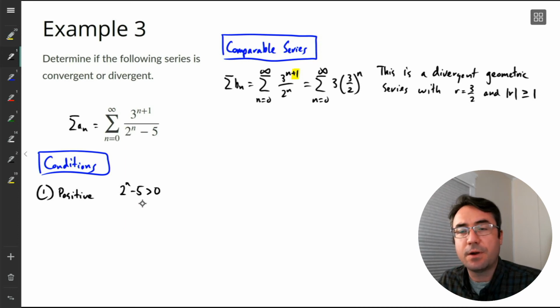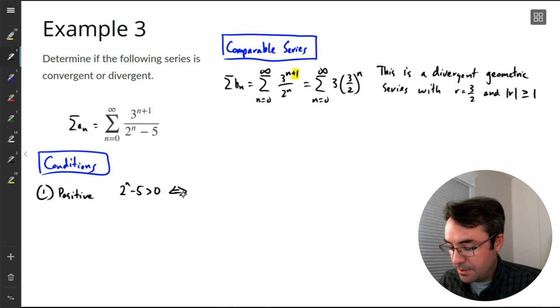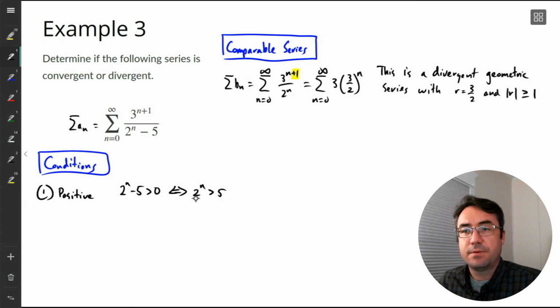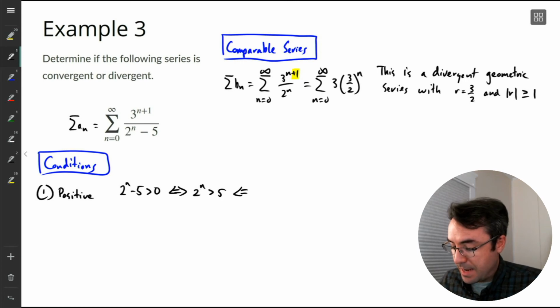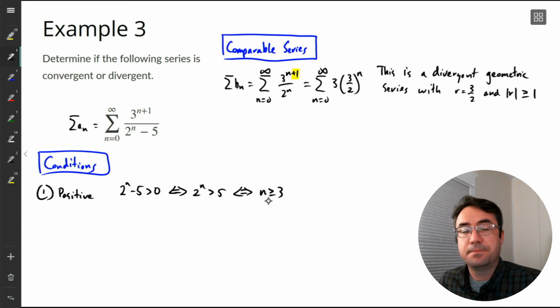Is that greater than 0? Well, that's greater than 0 if and only if 2 to the n is greater than 5. And what is the n value? What power of 2 gets us bigger than 5? That happens when n is greater than or equal to 3.